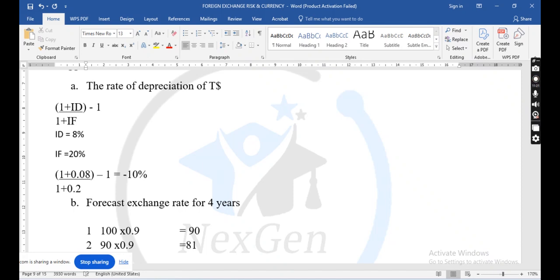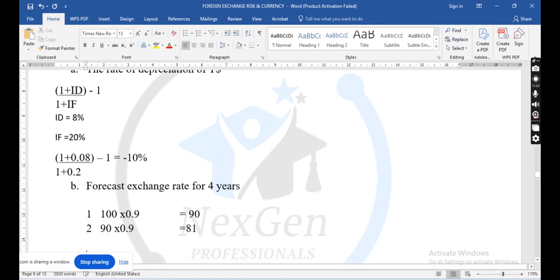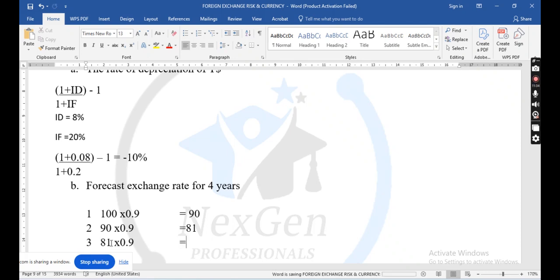In year 3, the spot rate will still decrease by 10%, so 81 times 0.9 gives 72.9.